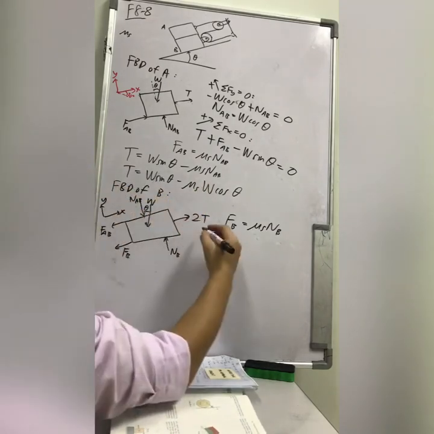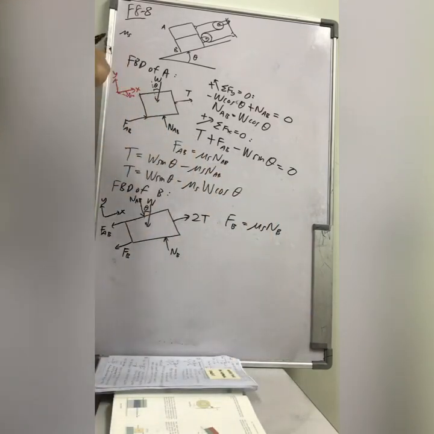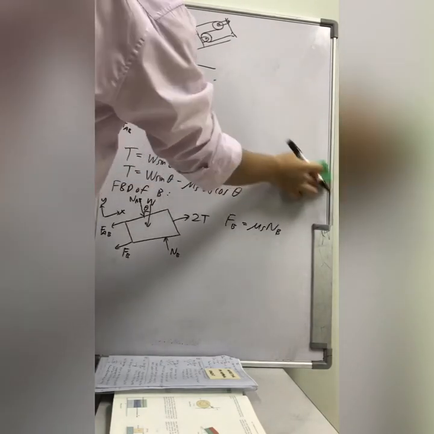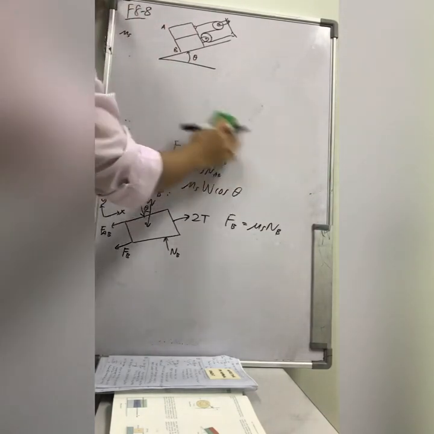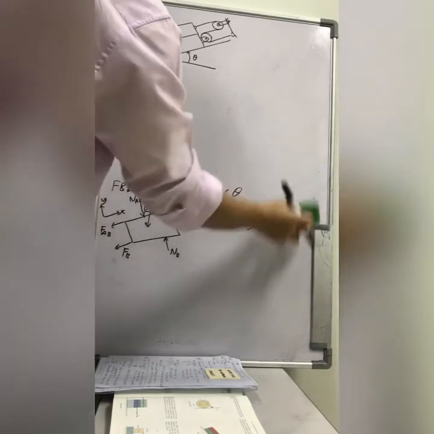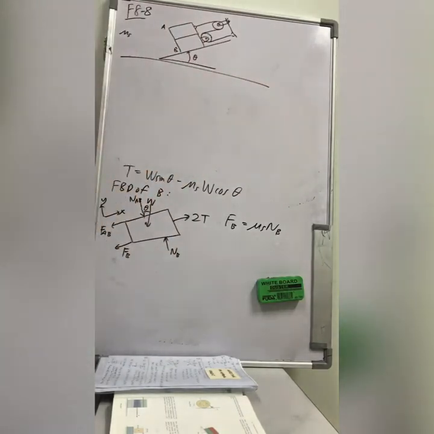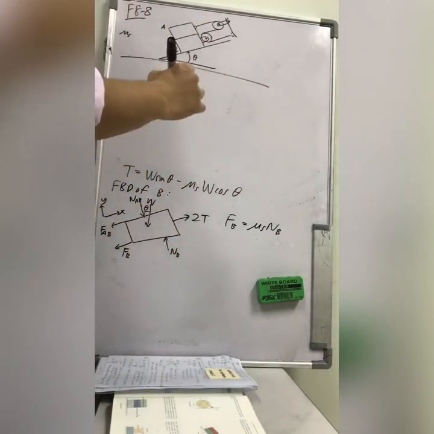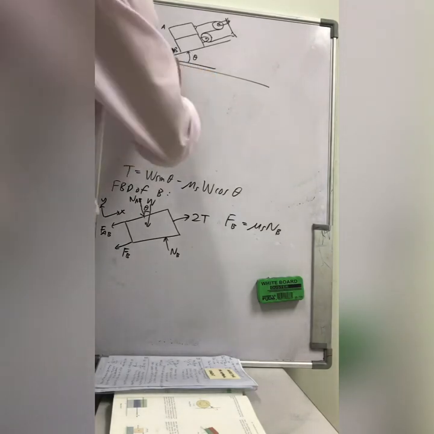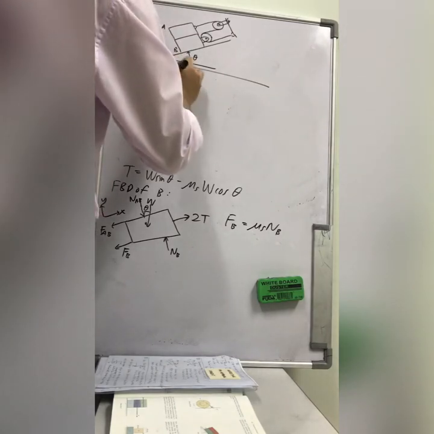So first you do, I think let's just erase this one because you already got the T. Let's leave the T. Then we go up. What do you want to do? We want to do the summation of Fy equals 0.